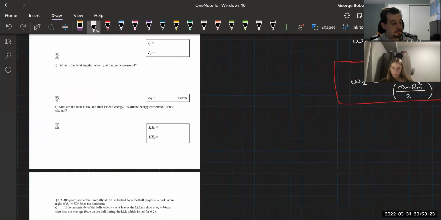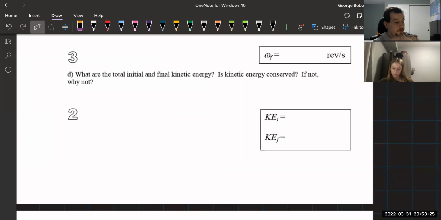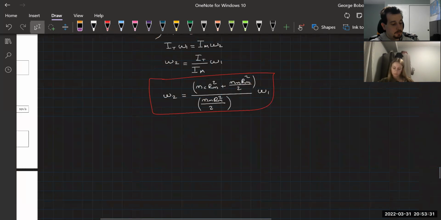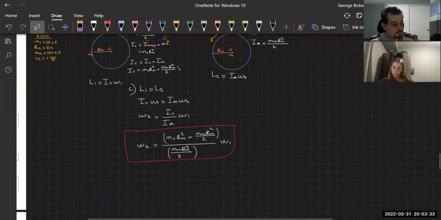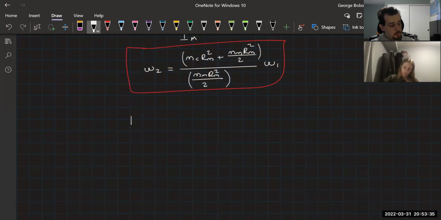And then they go, what are the total initial and final kinetic energies? Okay. So for D, how do we express rotational kinetic energy, Jamie? Inertia omega squared over 2.